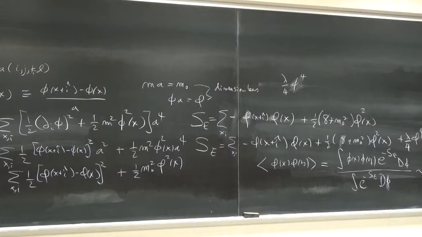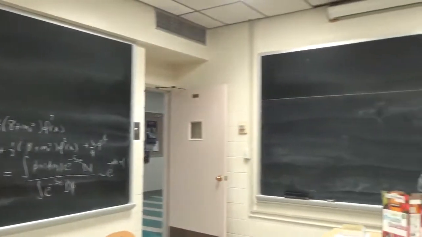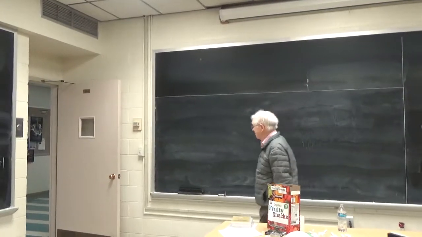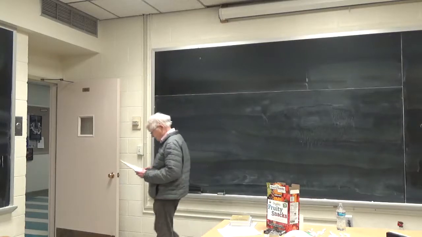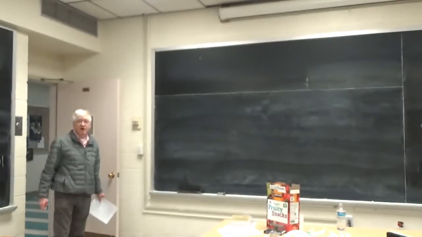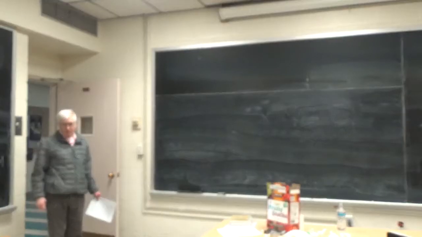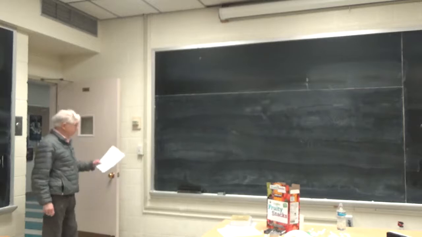Now, so far I've talked about gauge fields and scalars. The one that's very puzzling, of course, is the fermions. And so let me just remind you of how the Grassmann numbers work.